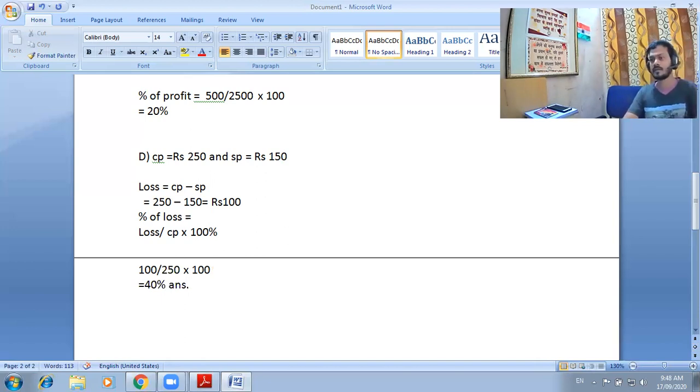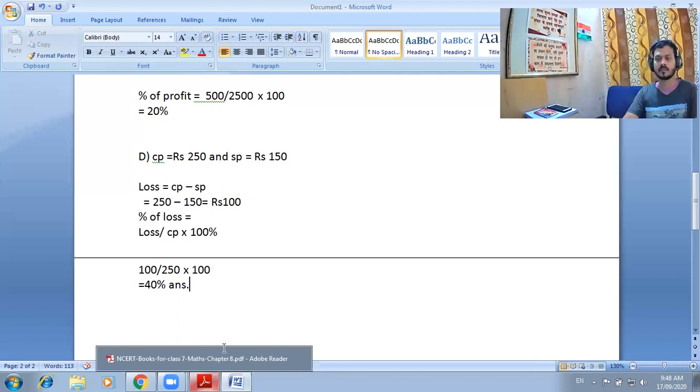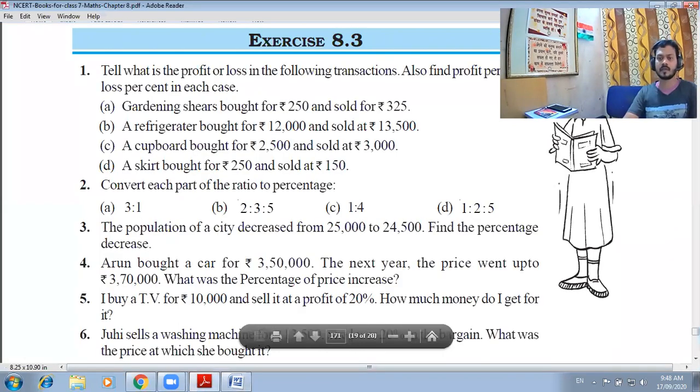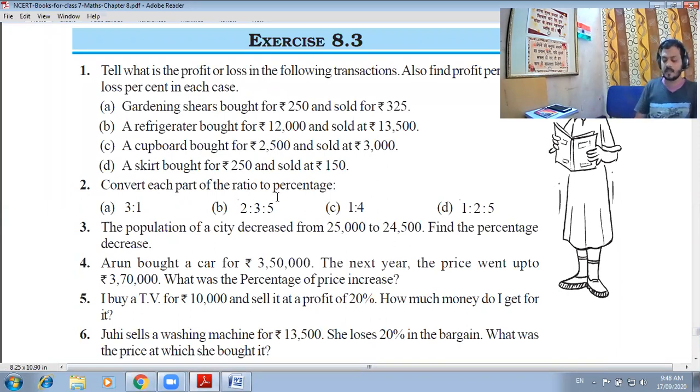One thing regarding question number one: only remember their formulas: profit, percentage of profit, loss, percentage of loss. Then move further to the next question. Question number two: convert each part of the ratio to percentage. How can we convert a ratio into a percentage?